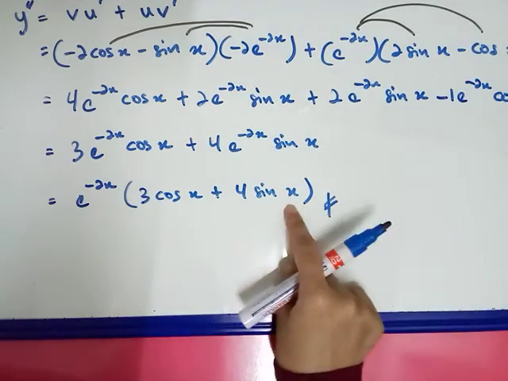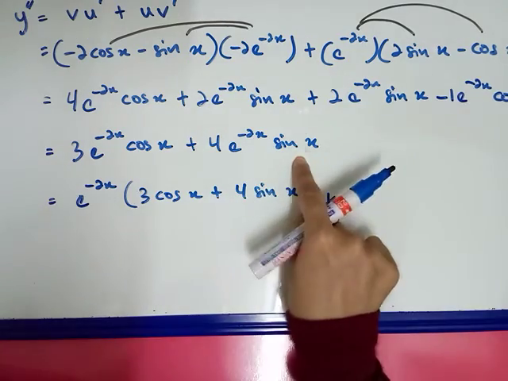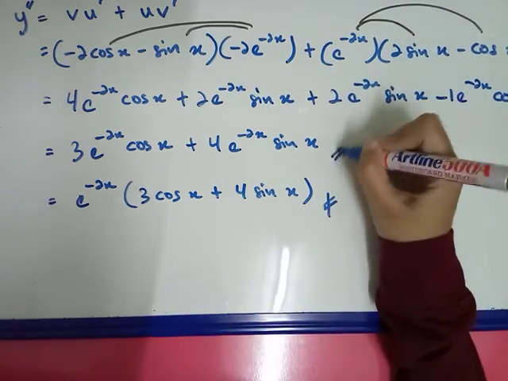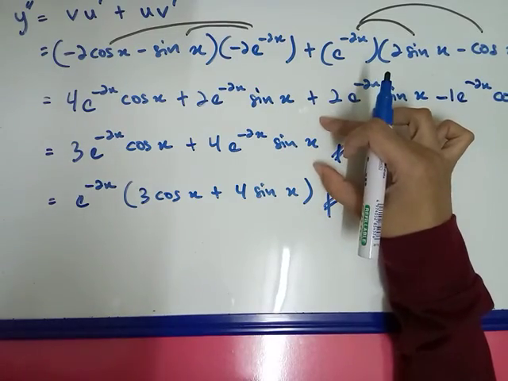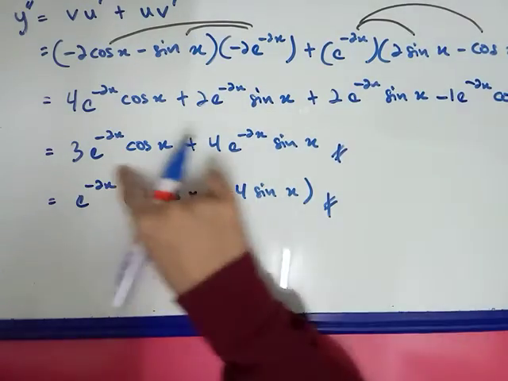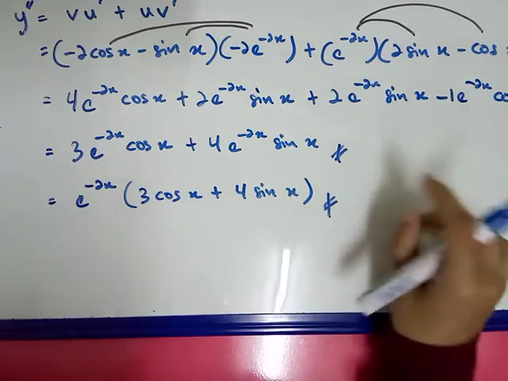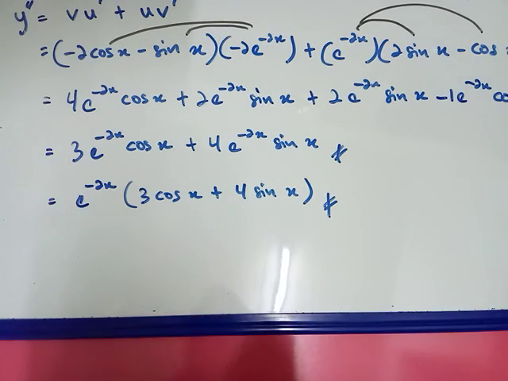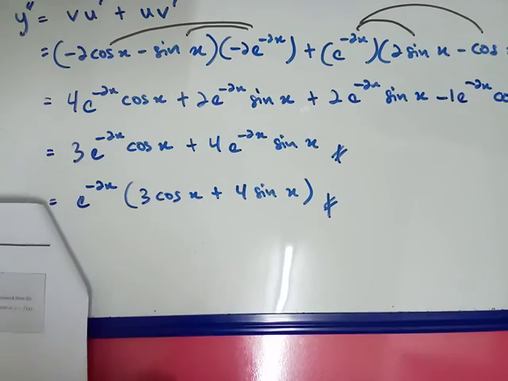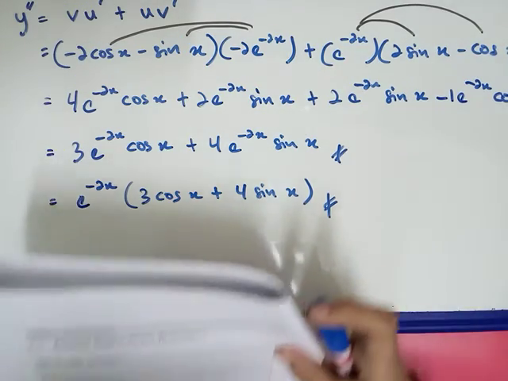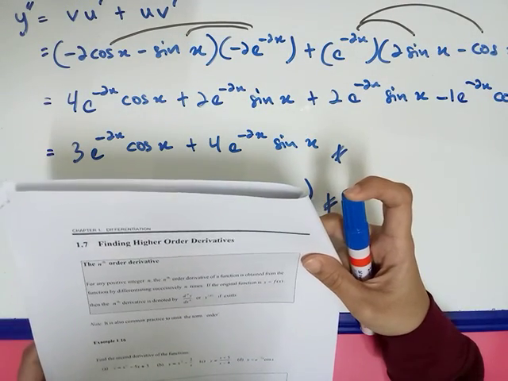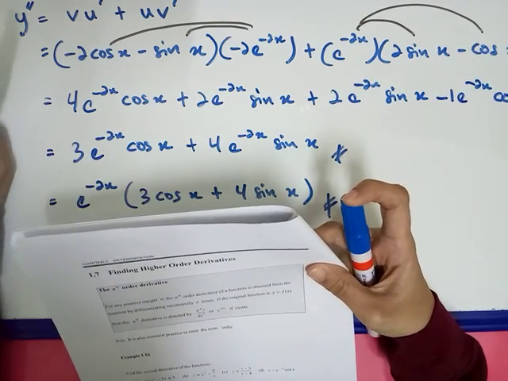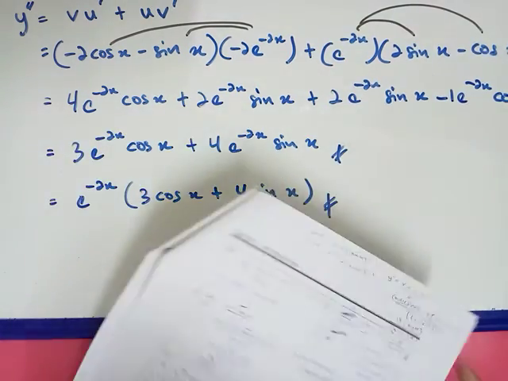Exponent times 4 sin x, you get 4 exponent sin x also. If you don't want to factorize, it's okay, I can also accept this one. If you want to answer until here, it's okay, never mind. Alright, can you understand? This is for differentiating second order, the higher order derivatives, meaning you have to differentiate 2 times. Alright, if you don't understand you can ask on WhatsApp, okay?